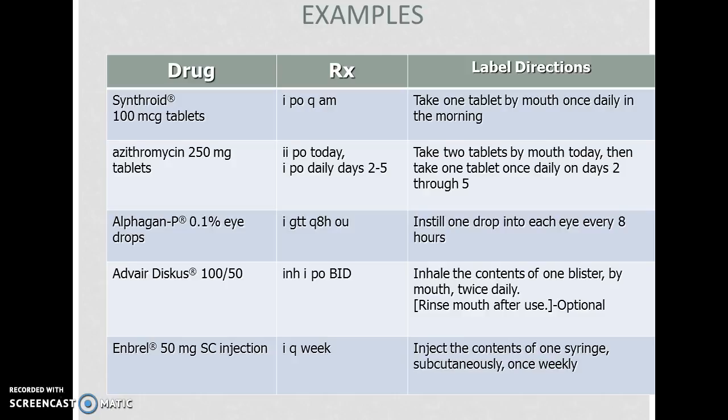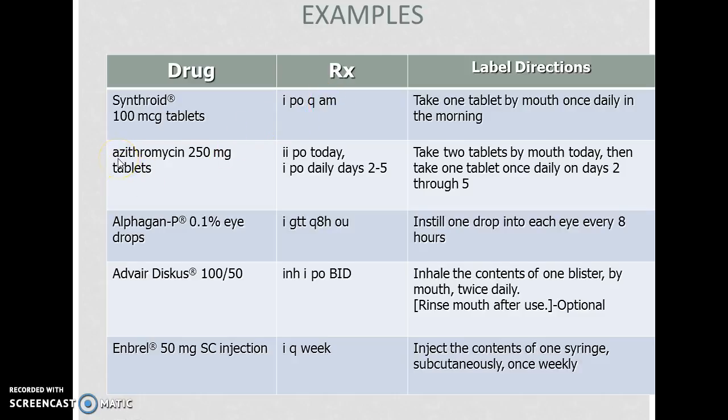The mcg here is micrograms, so these are 100 microgram tablets of this particular drug called Synthroid. And then you have the i here, which means one, PO, which is by mouth, and QAM, which means in the morning.